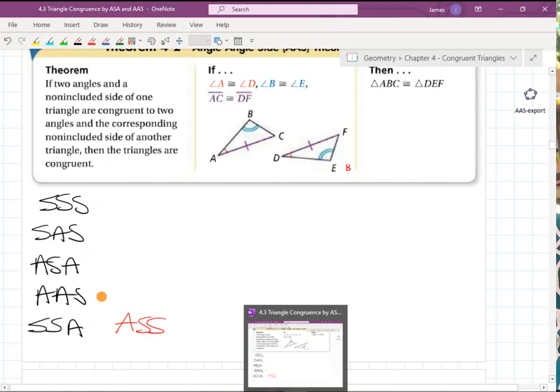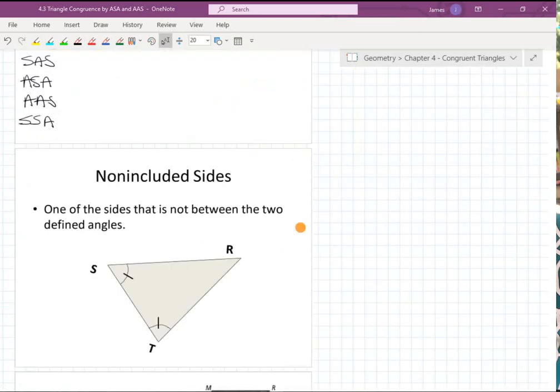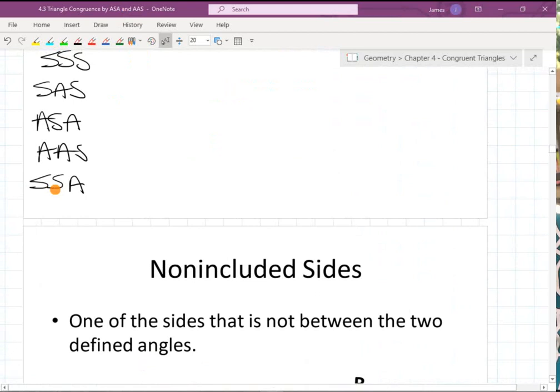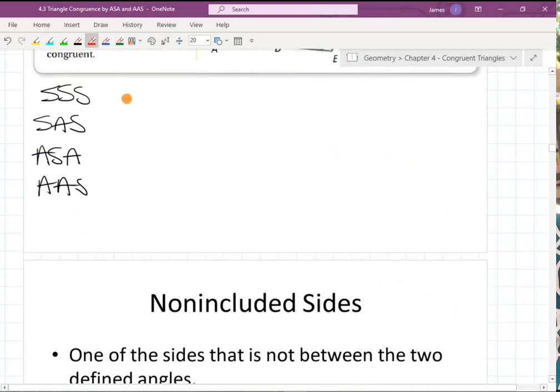It's a problem because when I give you two sides and an angle, you are not guaranteed that the other parts are going to be congruent. We'll talk about that later. So those four things are your tools to show triangles congruent.